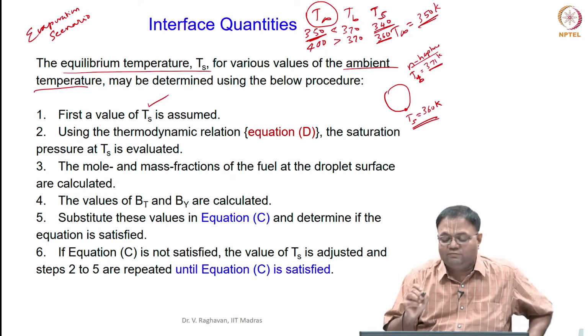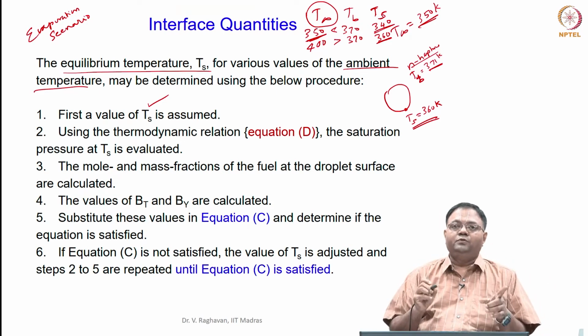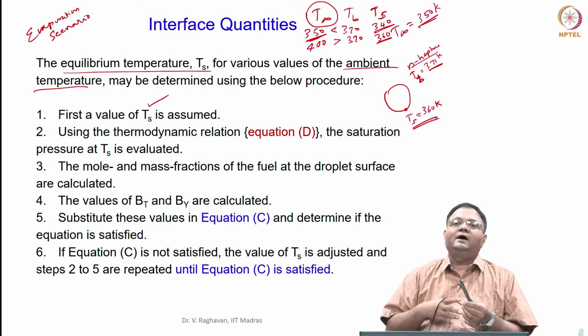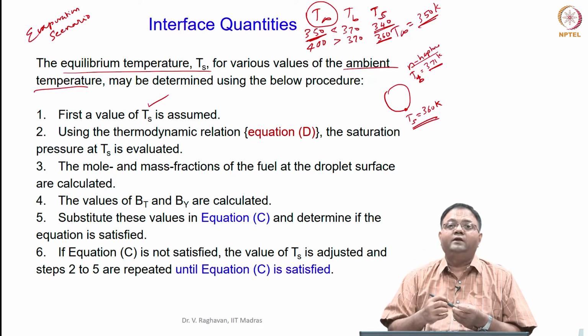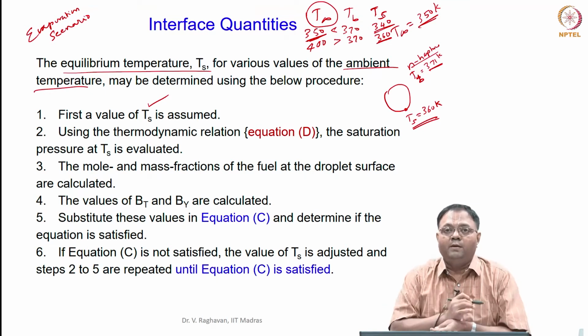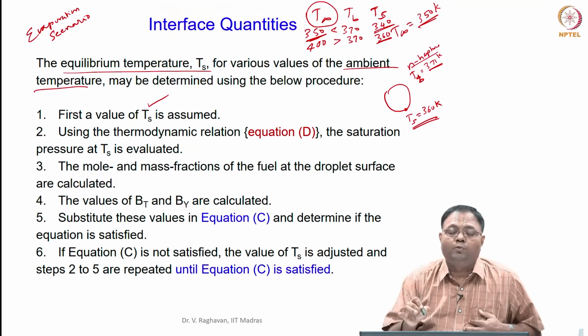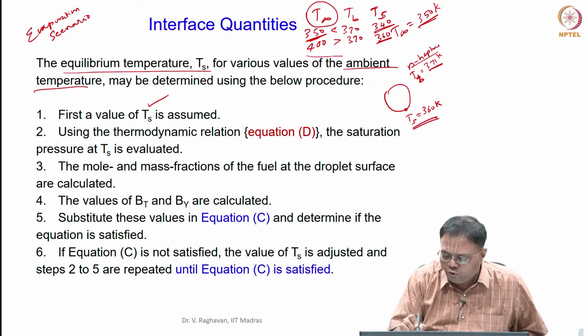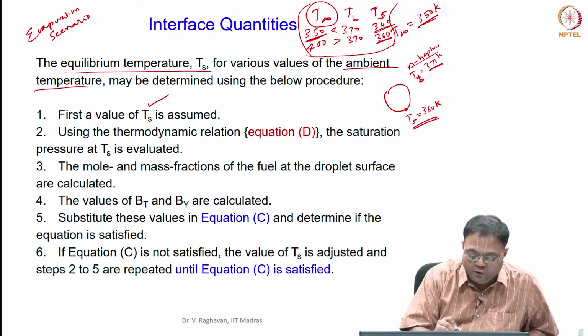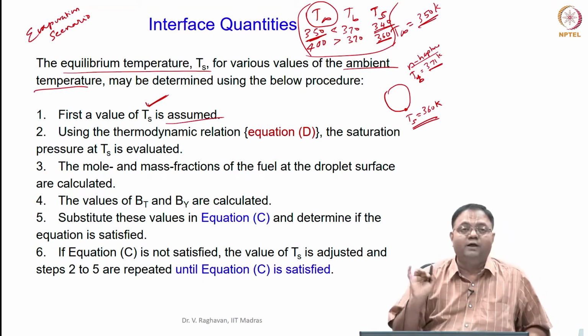So, please understand that Ts can be less than the ambient temperature T infinity if the T infinity itself is less than the boiling point, or it may be less than the boiling point if the ambient temperature is more than the boiling point. This is the important thing you should remember to guess, or assume, the value of Ts.